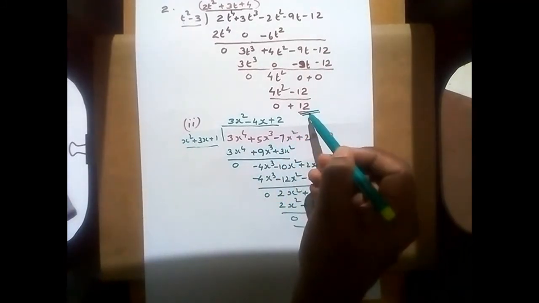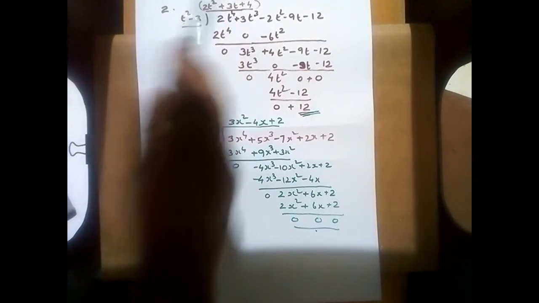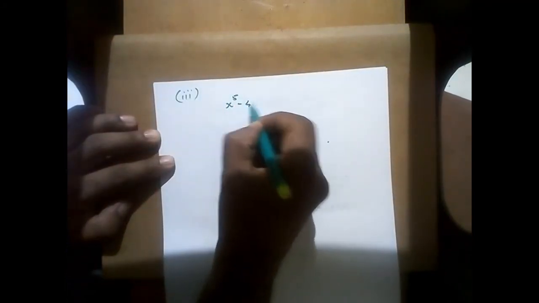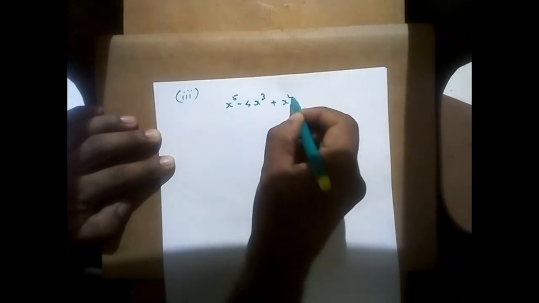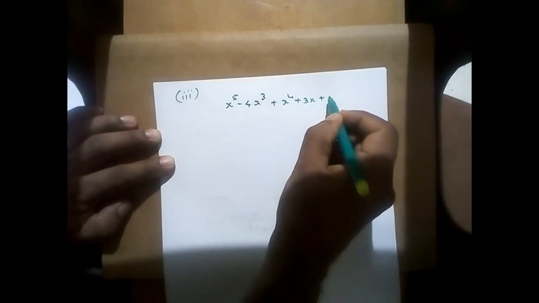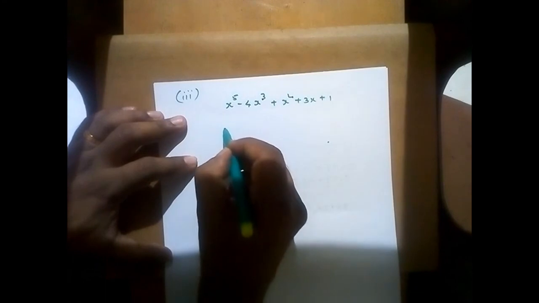Here, since the remainder is there, t square minus 3 is not a factor of the first polynomial. Okay, now we will take the third question: x raised to 5 minus 4x cube plus x square plus 3x plus 1. Here there is no x raised to 4, so we will write it as 0.